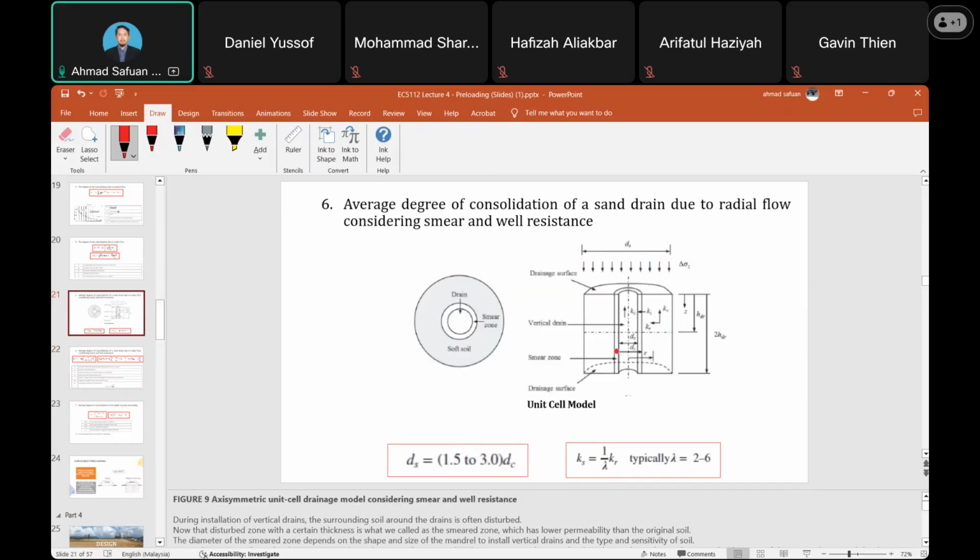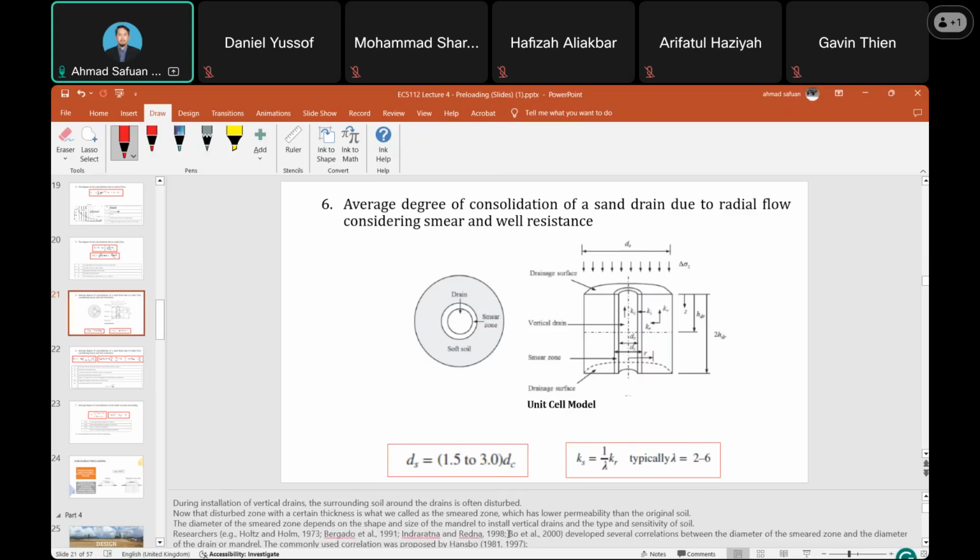Also the smear diameter, DS, is equal to 1.5 to 3.0 times the diameter of the sand drain or vertical drain. During the installation of vertical drain, the surrounding soil around the drain is often disturbed.